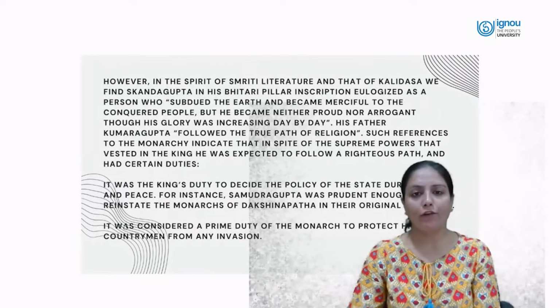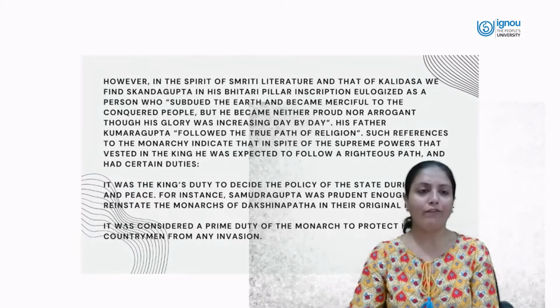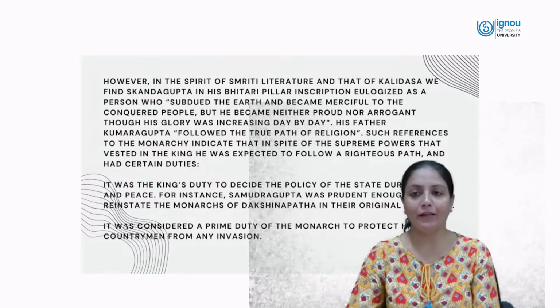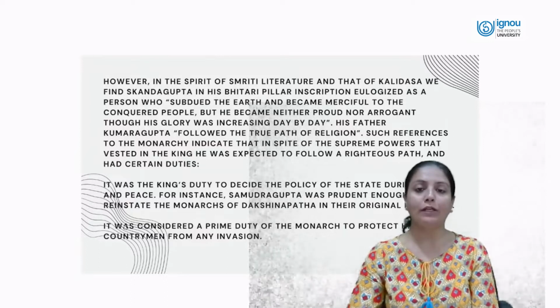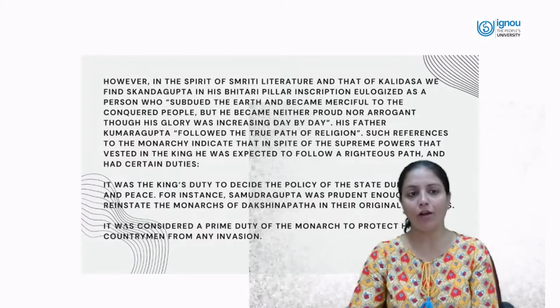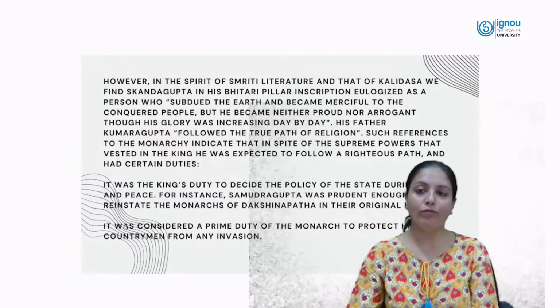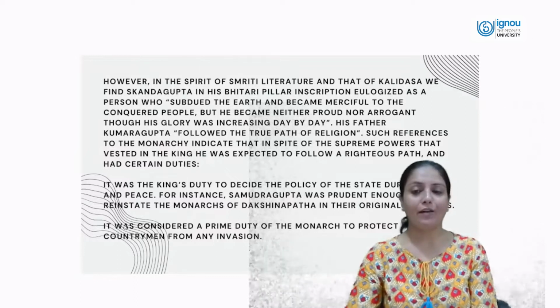However, in the spirit of Smriti literature and that of Kalidasa, we find Skandagupta in his Bhitari pillar inscription described as a person who subdued the earth and became merciful to the conquered people. But he became neither proud nor arrogant, though his glory was increasing day by day.